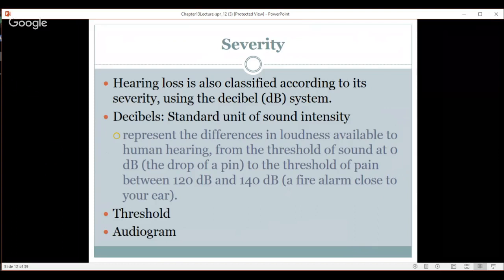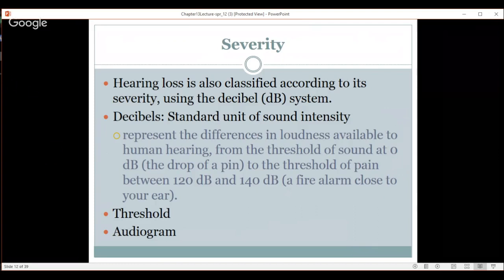They represent the differences in loudness available to human hearing from the threshold of sound at 0 dB, which doesn't mean no sound. It just means the lowest level of sound that a human can possibly hear. An example of that would be the drop of a pin, to the threshold of pain between 120 and 140 decibels. A fire alarm close to your ear would be painful.